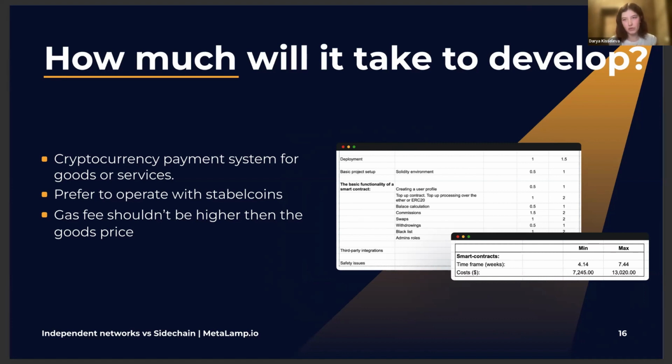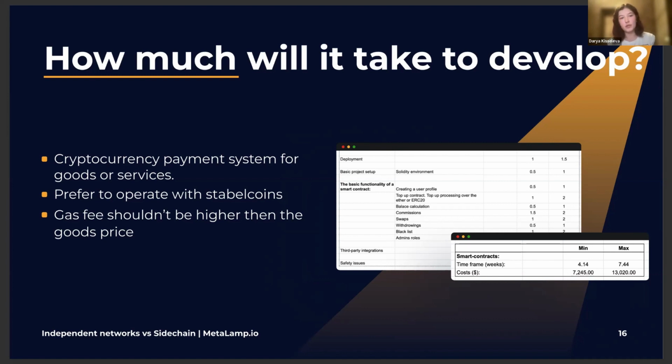It would be strange for the service if the gas price were higher than the payment for a good or service. In that case, we settle on a network where gas is inexpensive, where there is a large number of users, and where stablecoins are common. So our choice fell on the Binance Smart Chain, and we evaluated the MVP development project.